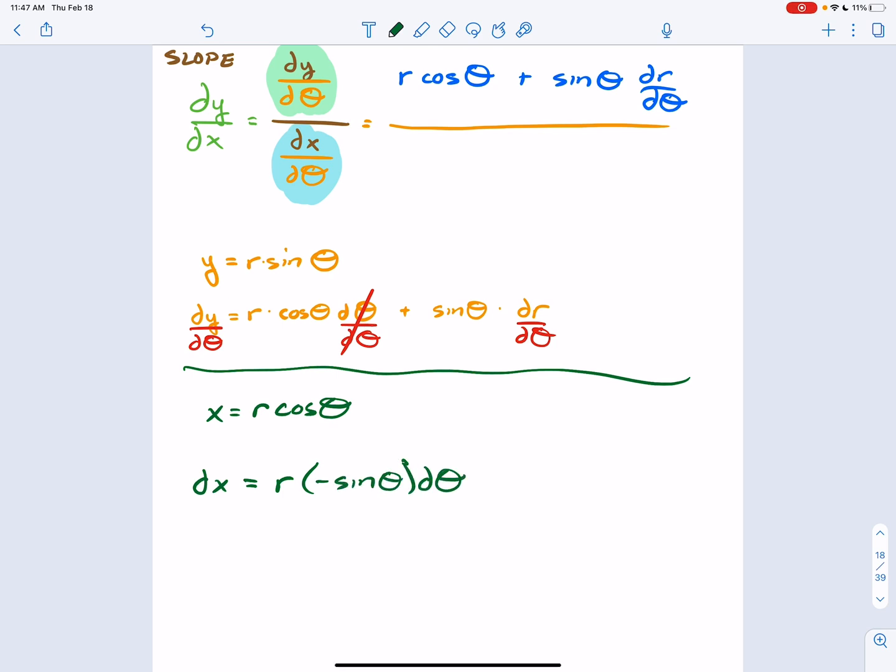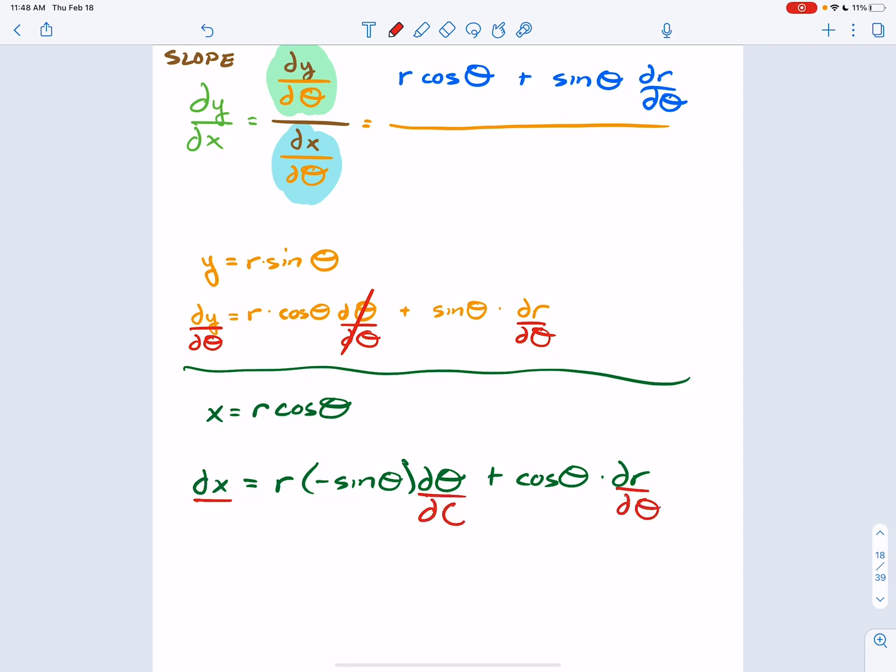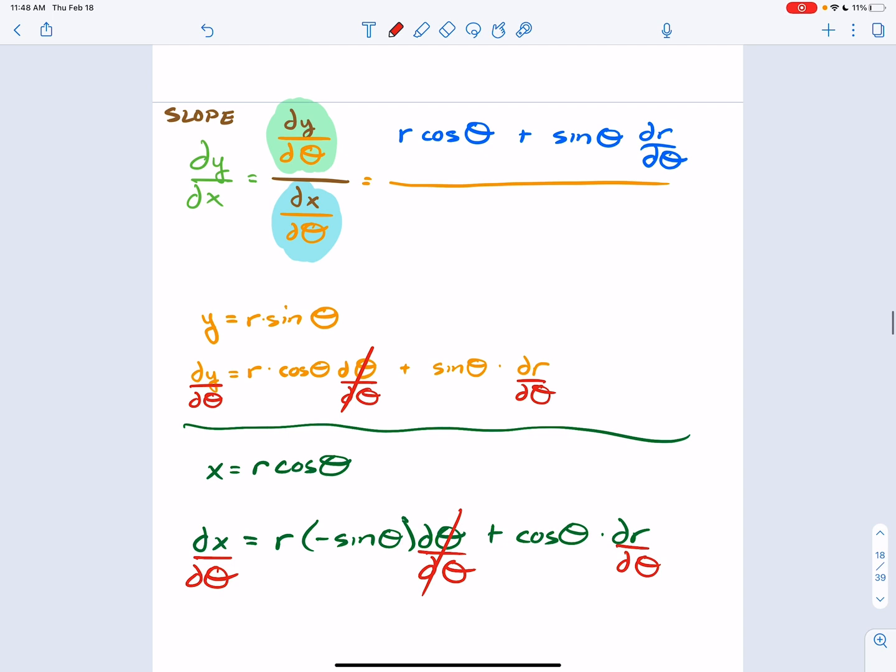Don't forget with respect to theta. Plus the second times derivative of the first, which is just dr. Then we divide our differentials by d theta, because that's what we want. So this is what we have now: negative r sine theta plus cosine theta dr d theta.